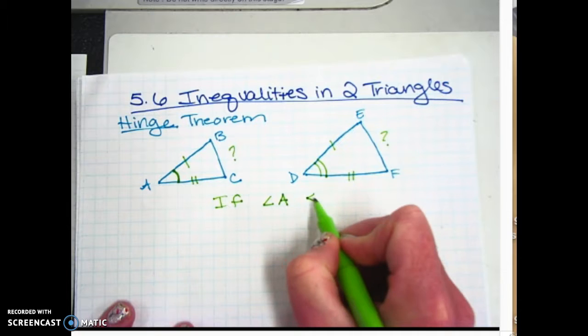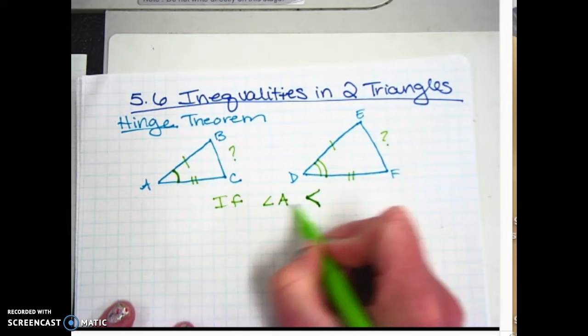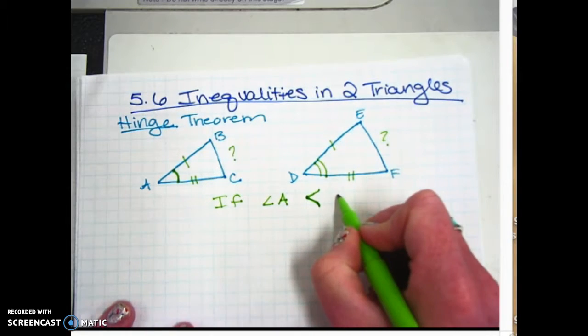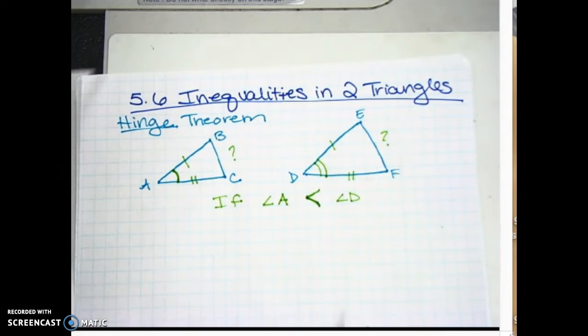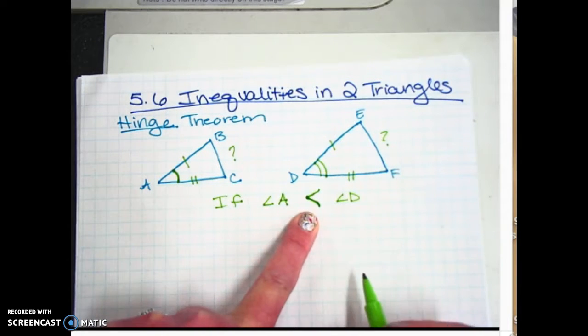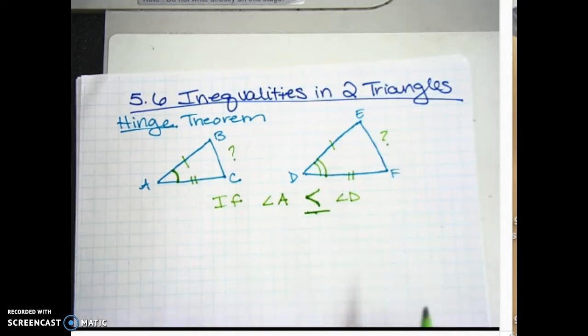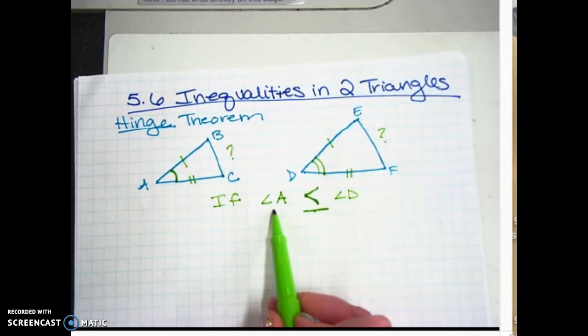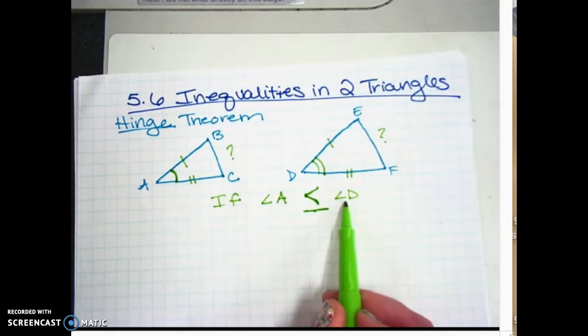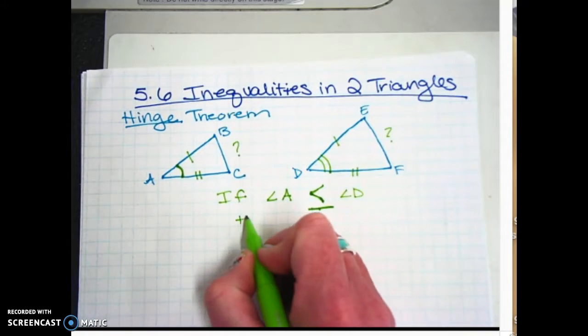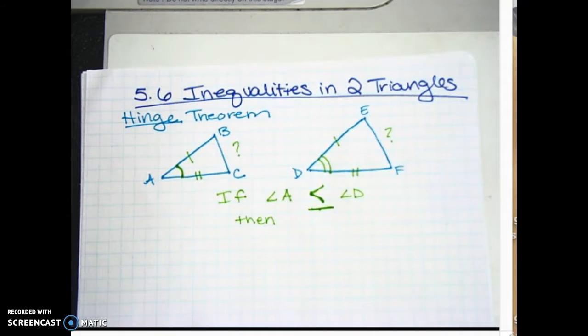The theorem says that if angle A is less than angle D, and here we've got an angle symbol and a less than symbol, so don't get those confused, then the side opposite is going to be less than as well.